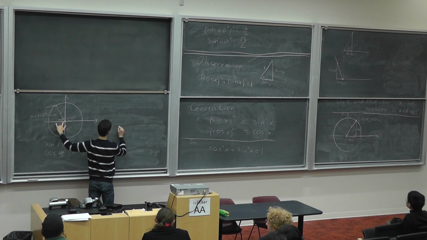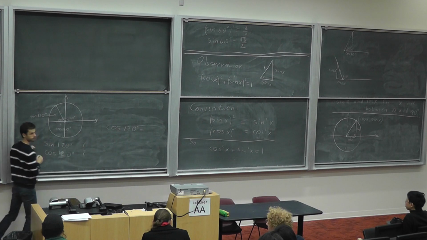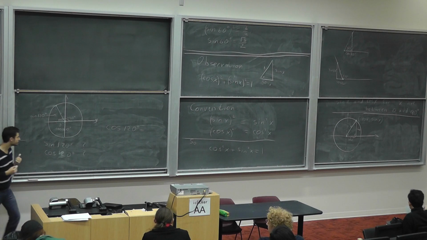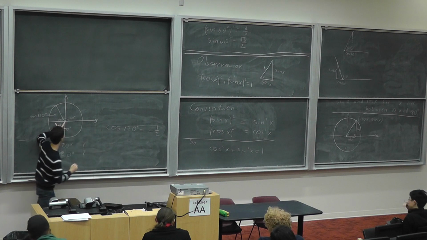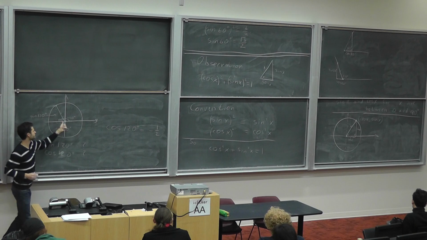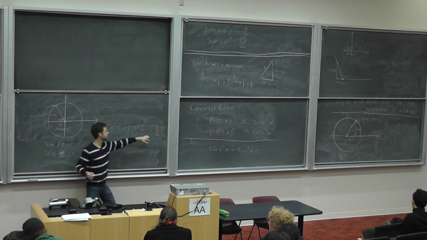So what should I say cosine of 120 degrees is? Negative 1/2. Right. So this length is equal to 1/2, but because the cosine is the x-coordinate and this point is to the left of the origin, not to the right, I'll put the minus sign.